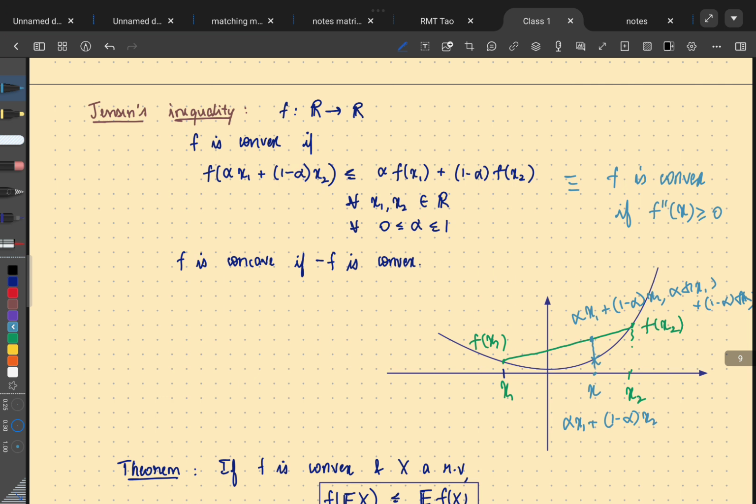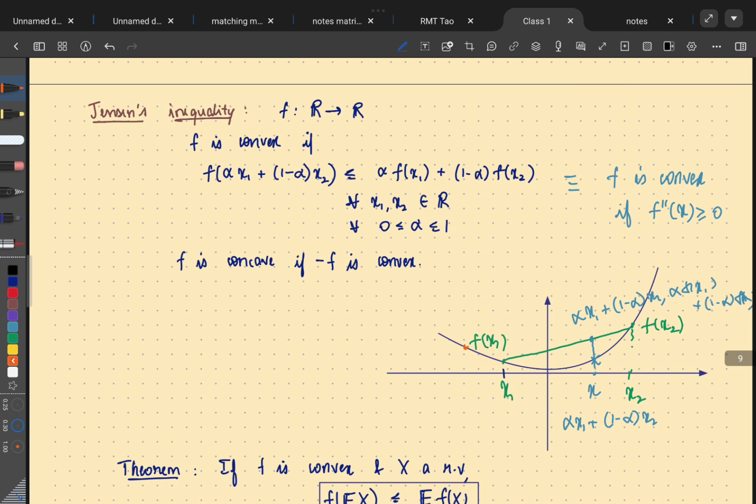Any twice differentiable function is convex only if the second derivative is greater than or equal to 0 at all points. And again, what is the geometric interpretation of this particular statement? The slope keeps on increasing. Correct. You can see in this particular example over here.